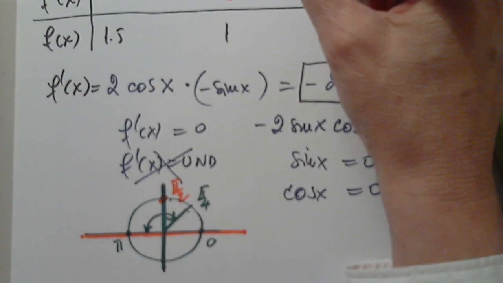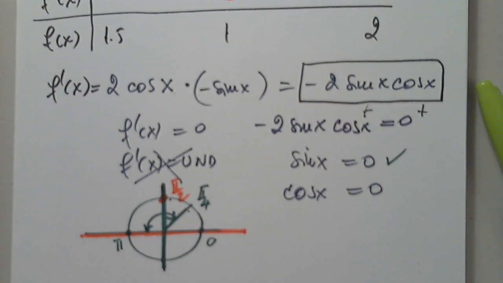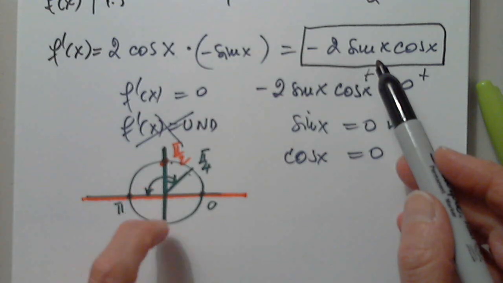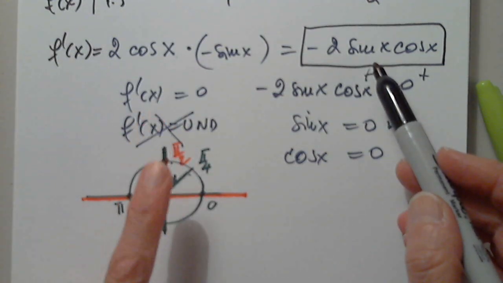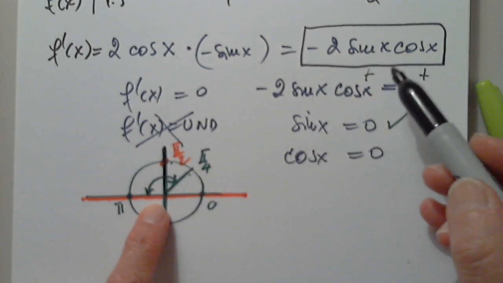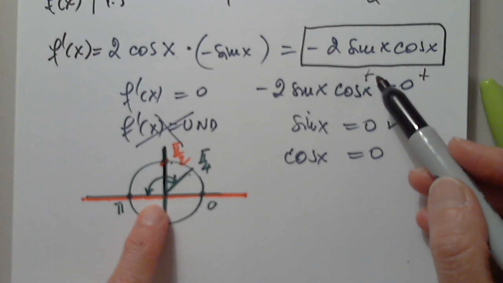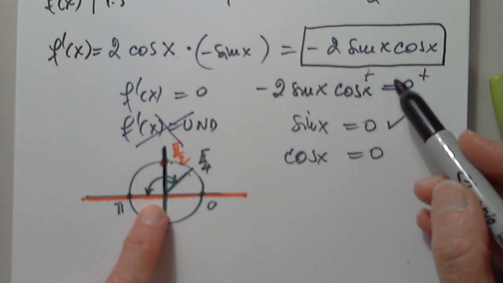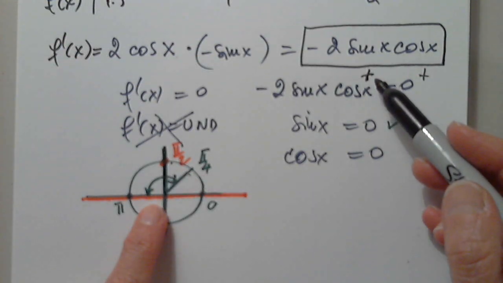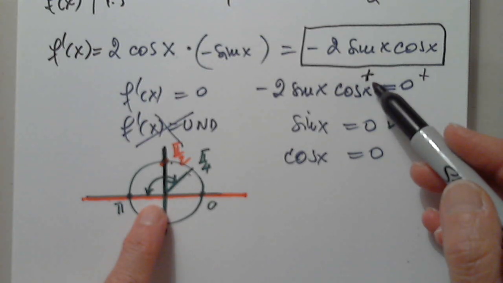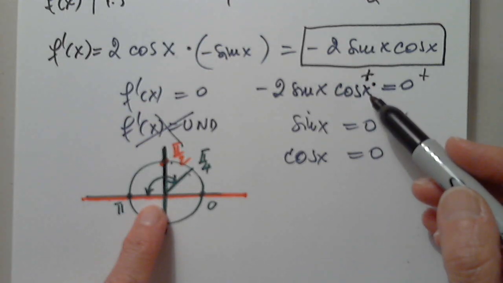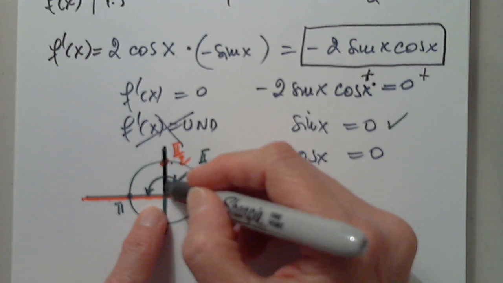Now this is the second quadrant. In the second quadrant, sine is measured on the y-axis.